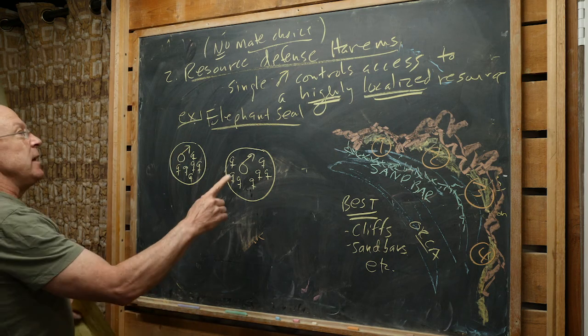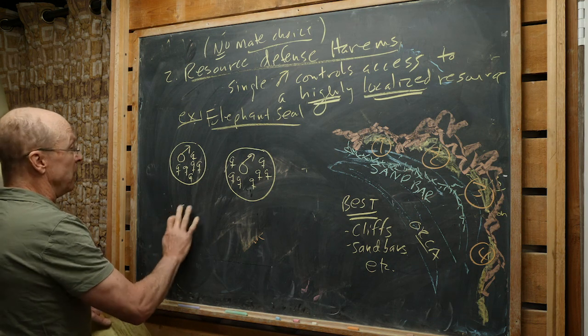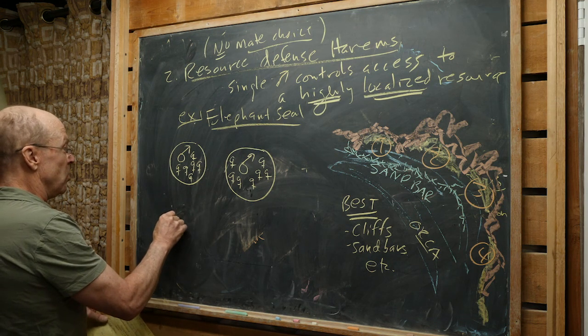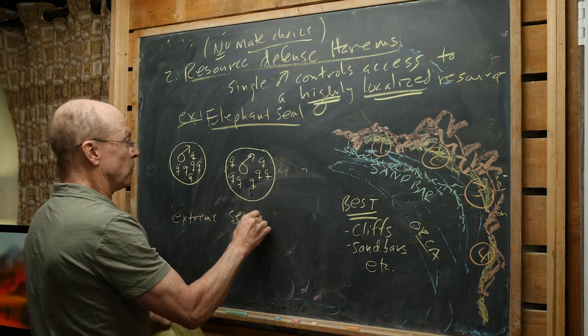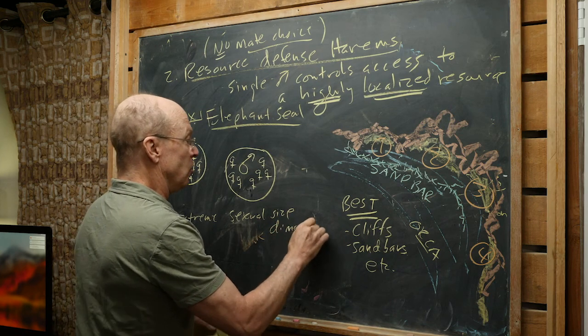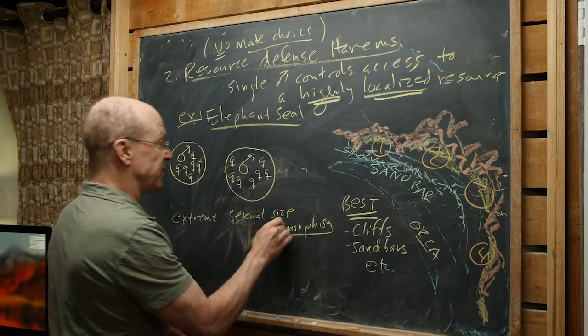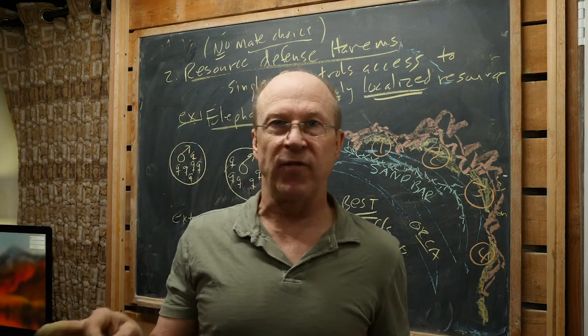So what we see in this system is kind of interesting. Often, in the case of the elephant seals, you'll see kind of an extreme sexual size dimorphism. You'll also see other systems that have a huge sexual dimorphism.